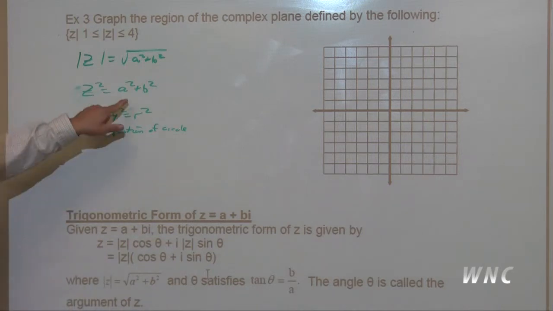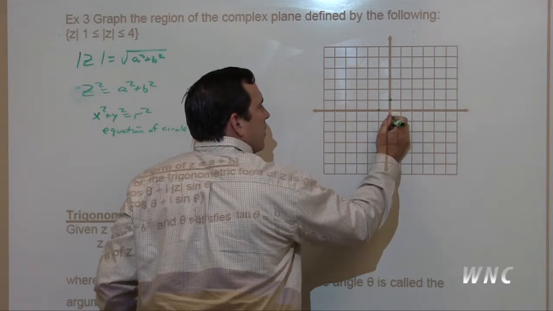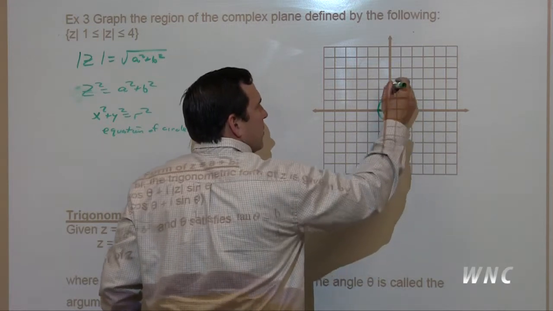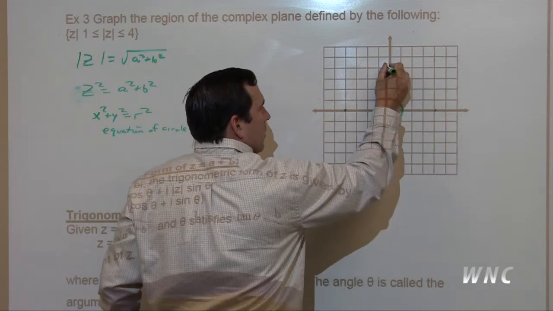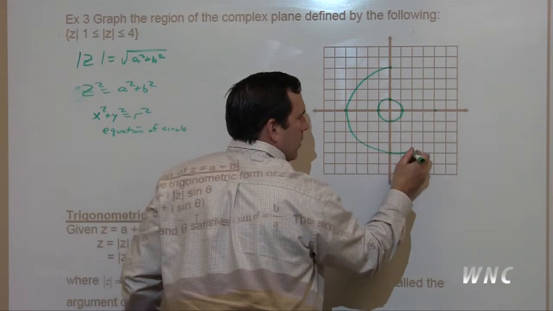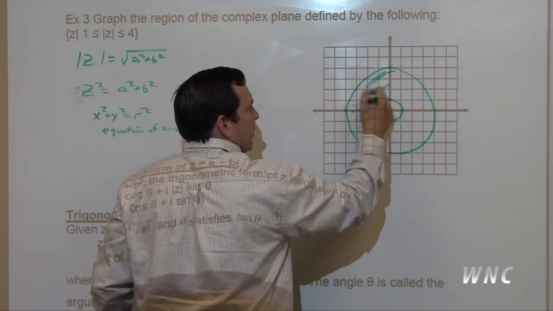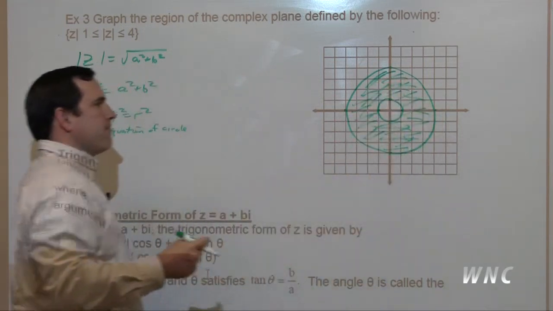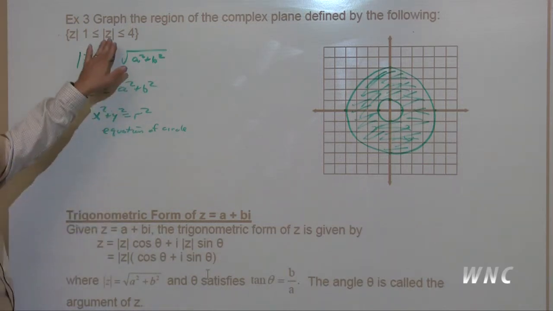So our radius for this circle is going to go from 1 to 4. We have a radius of 1, so it's greater than or equal to this, up to 4. And here's our shape. It looks like a big donut. So that is the magnitude of z being between 1 and 4.